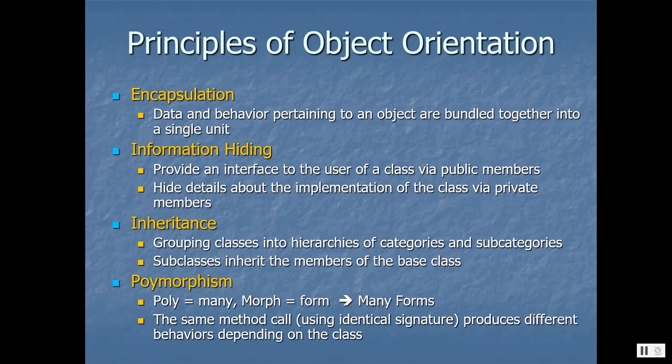Here are our principles of object orientation, the notion of encapsulation, where the data and the behavior of an object are bundled together into a single unit. This was very different from the old days of programming where you had data in one place and all kinds of tasks and procedures in another.